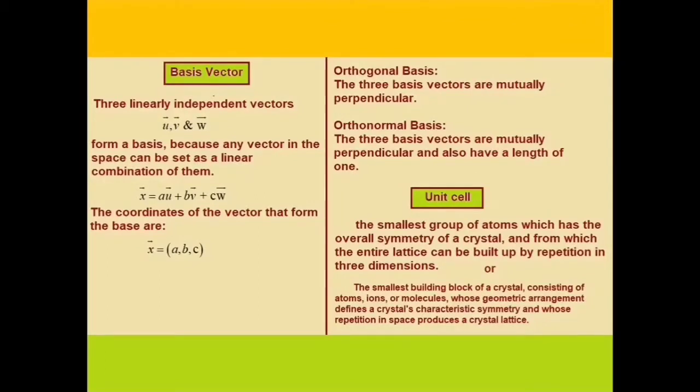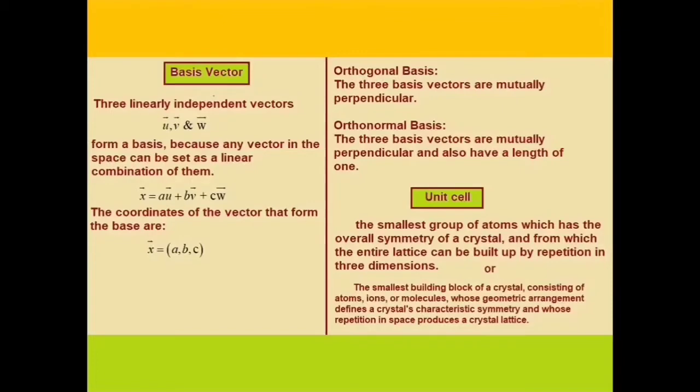Vector x is equal to a u vector plus b v vector plus c w vector. The coordinates of the vector in this basis are vector x equal to the bracket (a, b, c).